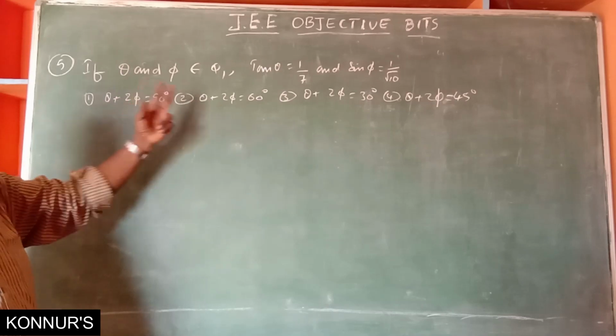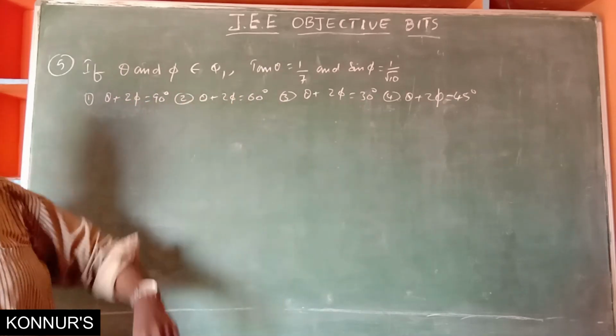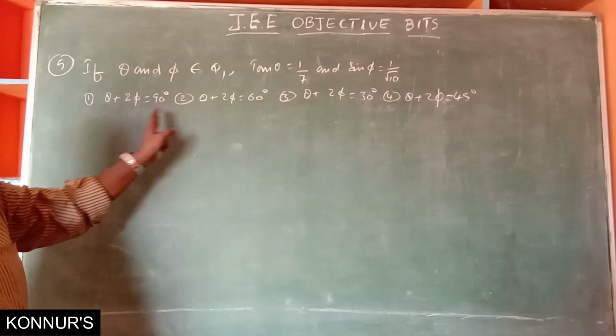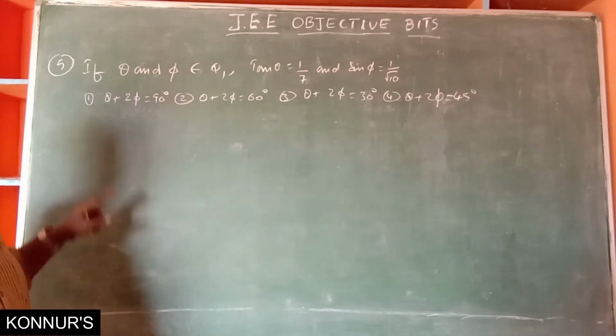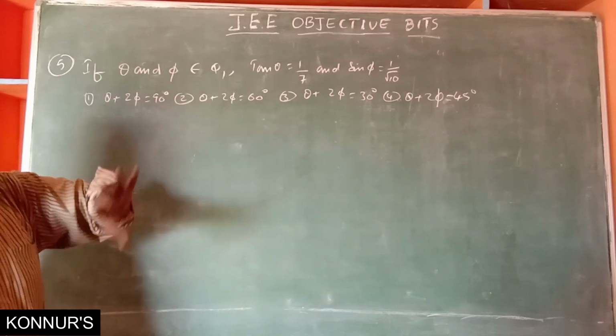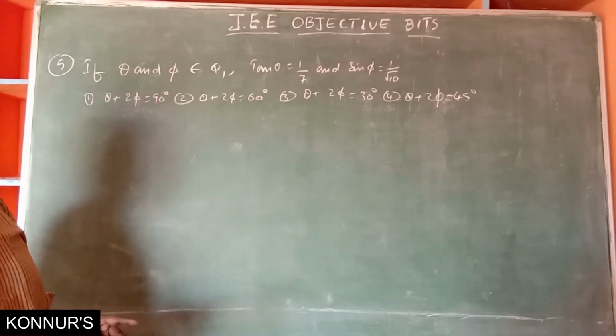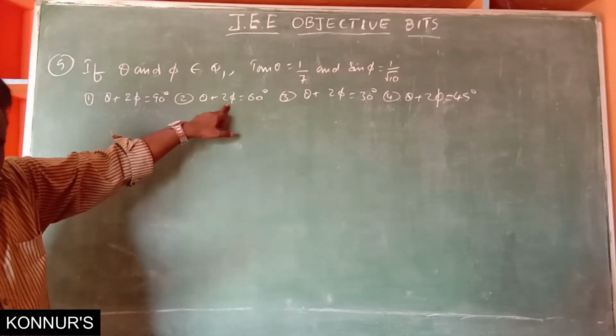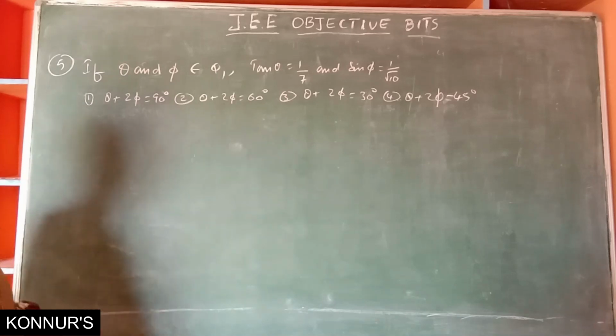Question and answer are given in the 4 options, which is correct. You see one more thing, if you observe the options, all are theta plus 2 phi, not theta plus phi. So it is needed to find 2 phi first.